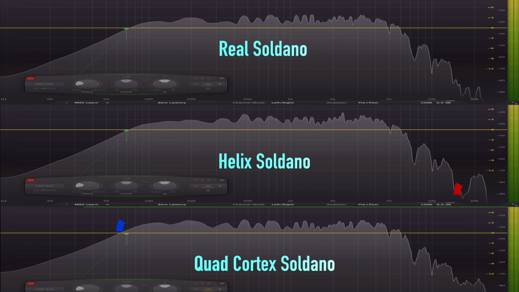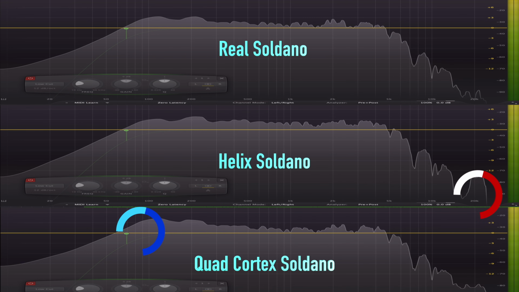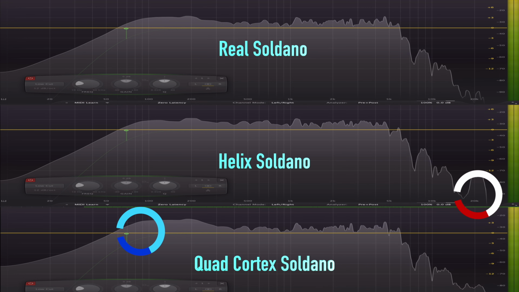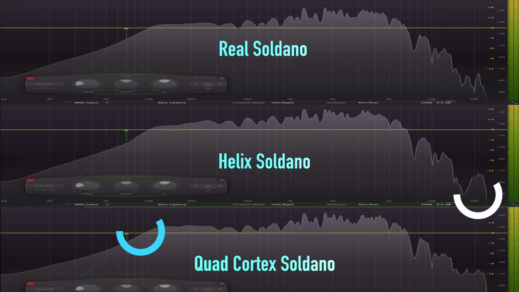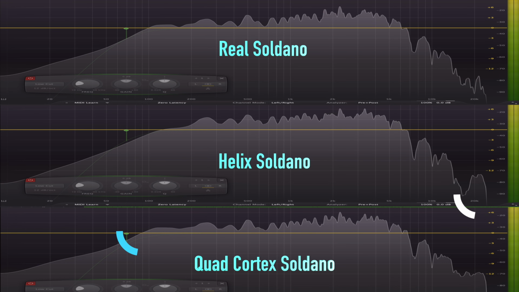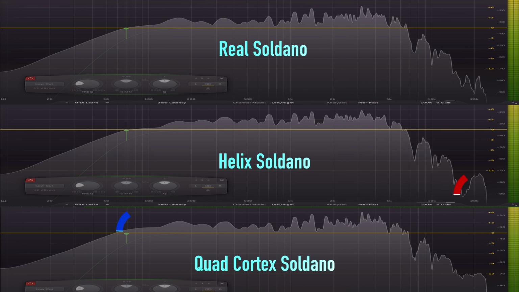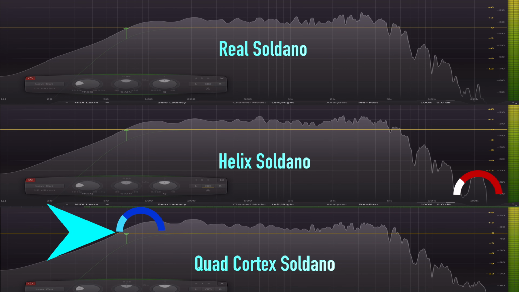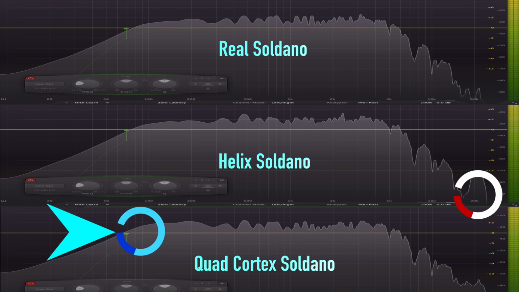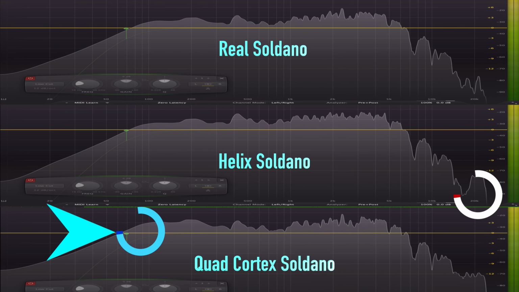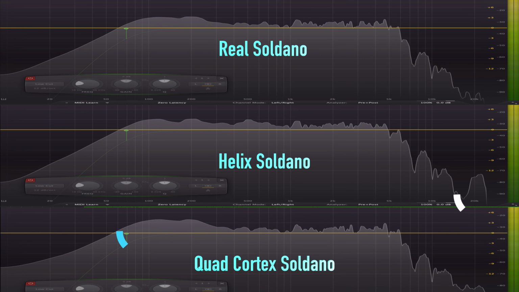Now, an ear in good shape barely hears 20 kHz, but these more pronounced high frequencies are what probably make me feel the Helix a little bit more hi-fi sounding and less natural. On the other hand, the Quad Cortex has a tiny bit more pronounced bass frequencies, where the blue circle is located, that probably tends to move a tiny bit of energy from the mids to the bass frequencies, thus resulting in a tiny bit more scooped sound compared to the real deal, at least in my opinion.